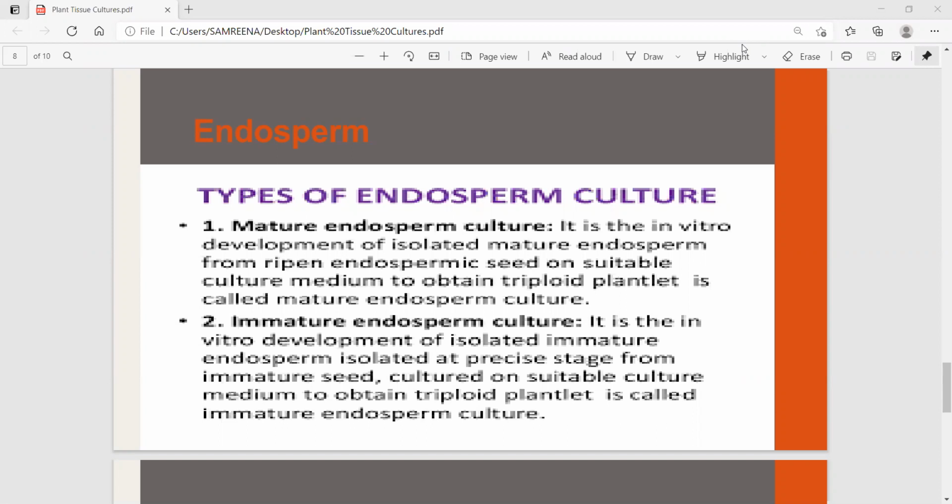So if we open up the seed, what will we see there? We will see an embryo along with the tissue. That tissue part is our endosperm. Its function is to provide nutrients to the growing embryo.